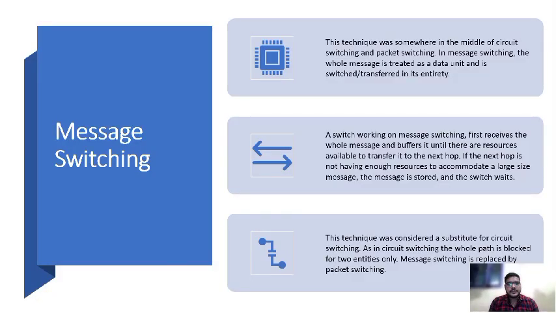The next topic is message switching. Message switching lies in the middle of circuit switching and packet switching. In message switching, the whole message is treated as a data unit and is transferred in its entirety. First the whole message is received and stored until the resources are available to transfer it to the next hop.